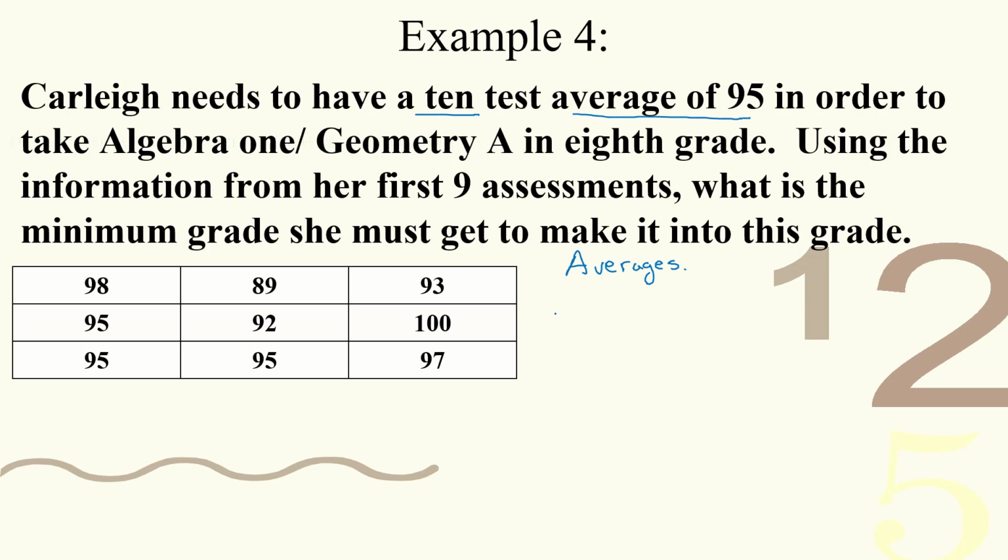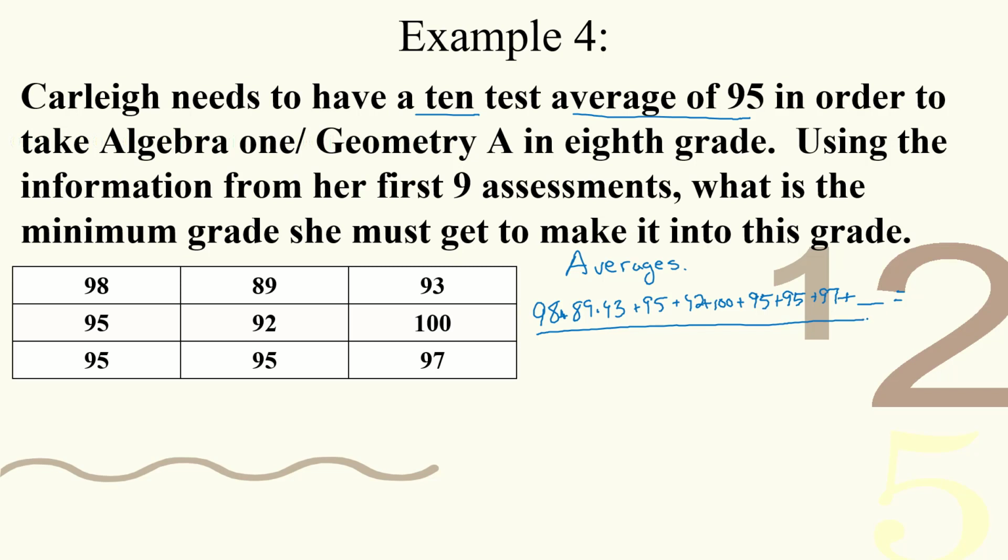So we're pivoting just a little bit here. We have 98 plus 89 plus 93 plus 95 plus 92 plus 100 plus 95 plus 95 plus 97 plus something, and we want that to all equal 95, but remember, an average is divided by the quantity of tests.